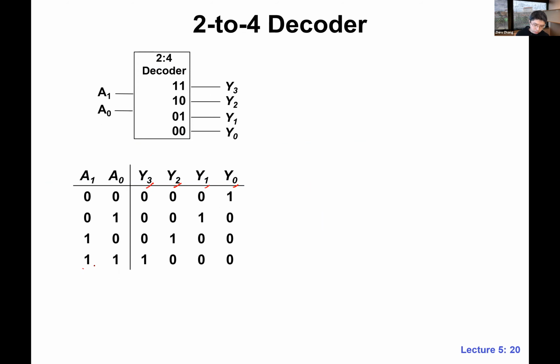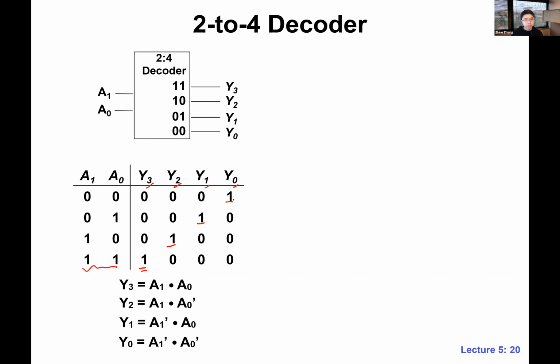When A is 1, 1, that means a 3, so Y3 is hot, and the rest of the lines are zeros. You see this pattern: this is one-hot. And this is the corresponding Boolean expression.